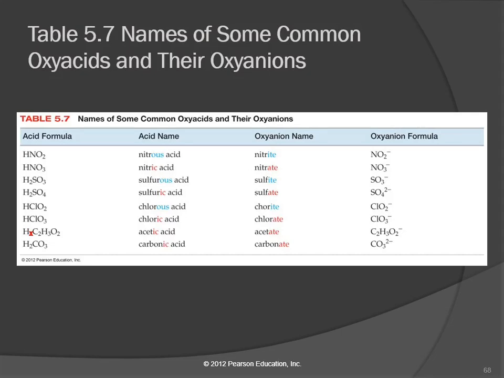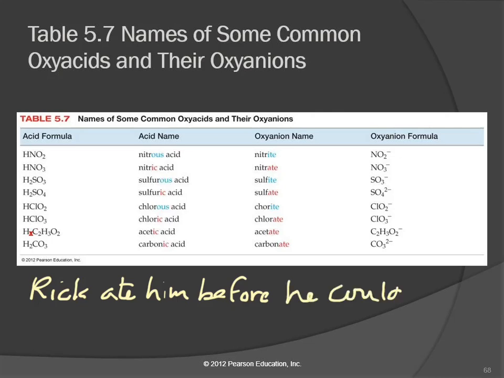That's one of those things that there's so many of. So there's a silly sentence: Rick ate him before he could bite us. You might say, well, that's cannibalism or something. Well, it could be, I don't know, a cow.